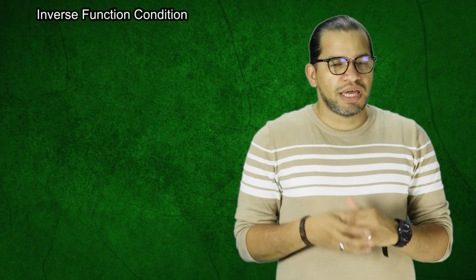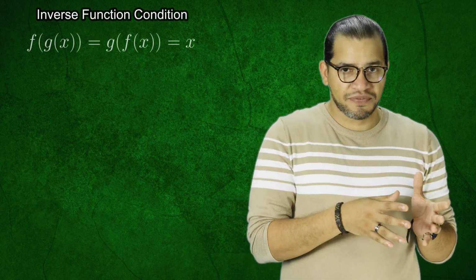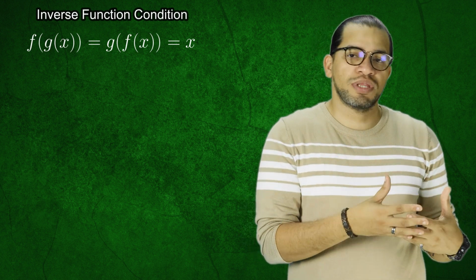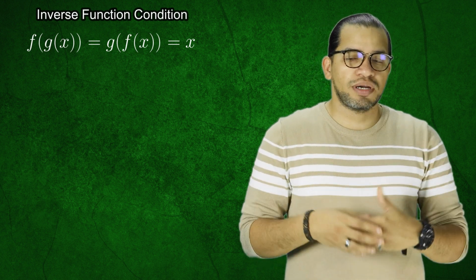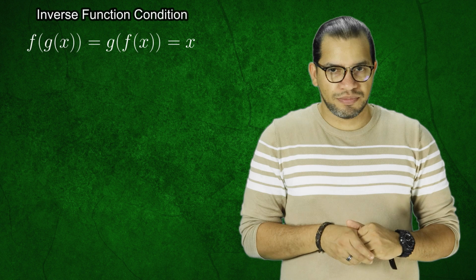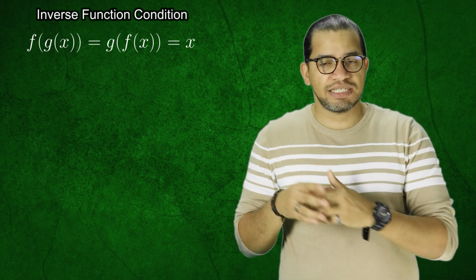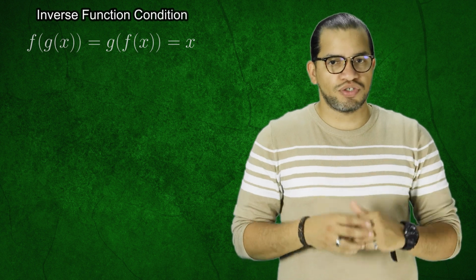Now, something that we noticed in the previous example was pretty remarkable, and that was that f composed with g was equal to g composed with f, and they were equal to x. When that happens, we say that f and g are inverse functions.